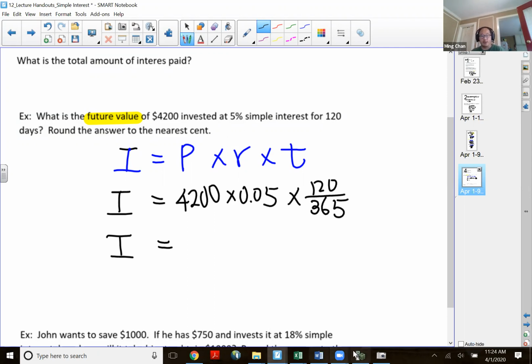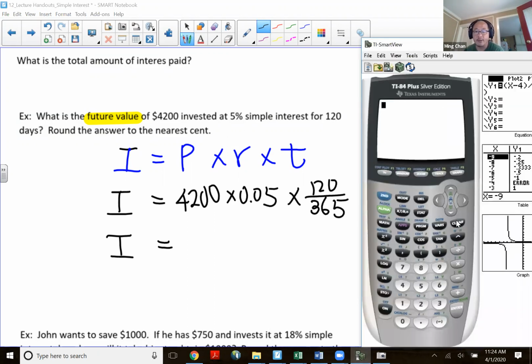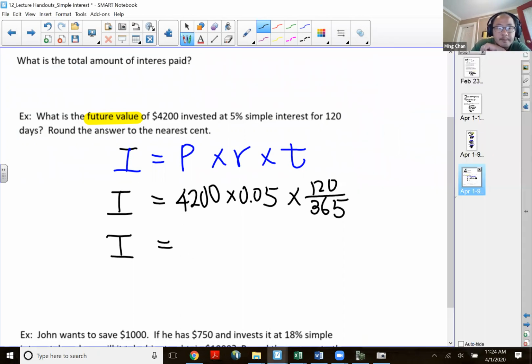So let's see how much interest we earned by investing in this account. 4,200 times 0.05 times open parenthesis 120 out of 365. That'll give me about $69.04. What this number means is this is the interest that I earn.